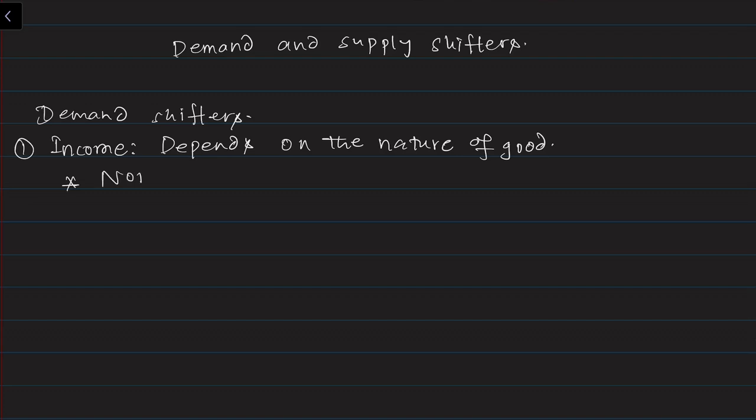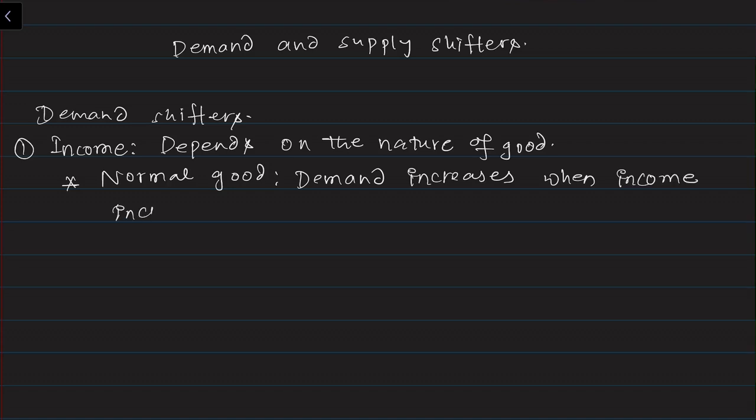First is normal good. The demand for normal good increases when income increases, and vice versa.